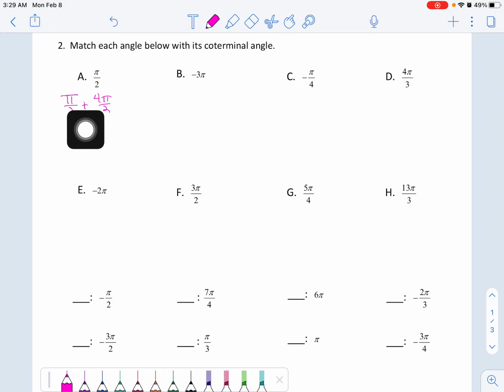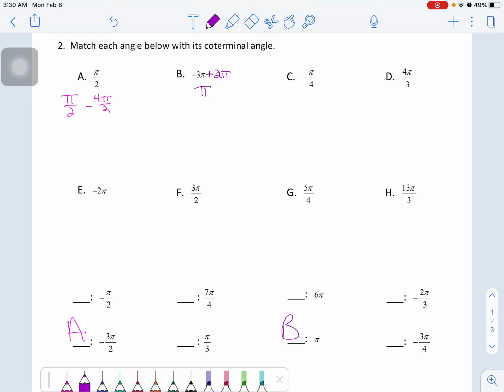In my brain, I know that 4 pi over 2 is really just 2 pi. 4 divided by 2 is 2. So that would be 5 pi over 2, but that's not one of my answers. So instead of adding, let's see if I subtract it. So negative 3 pi over 2, so that would be answer A. Let's see, negative 3 pi. So if I just add 2 pi, that would be pi. Oh, there we go, found it.